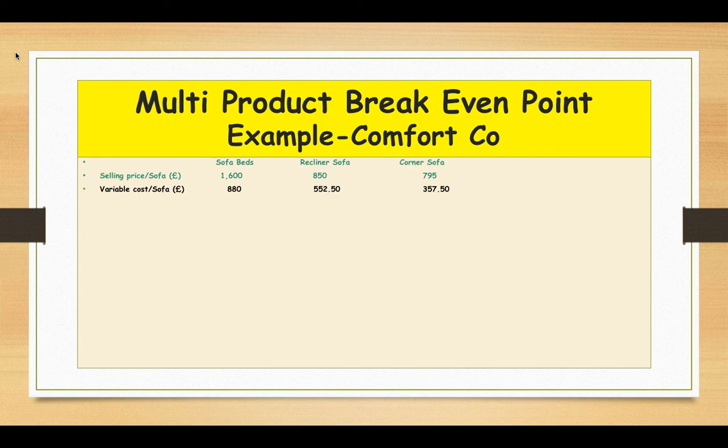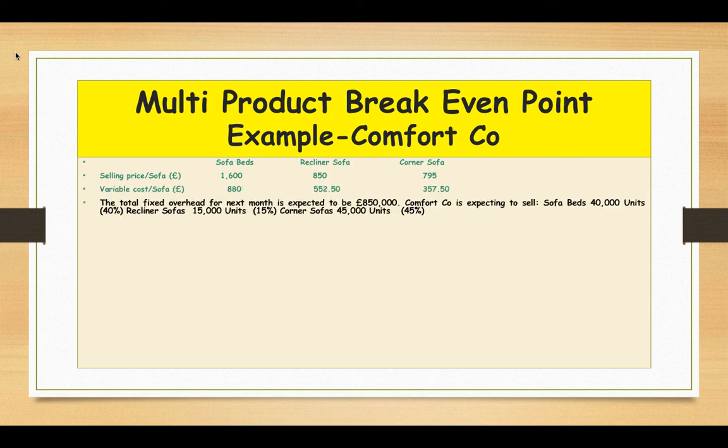And also the variable cost per sofa is given, which is £880 for sofa beds, £552.5 for recliner sofas, and £357.5 for corner sofas. And also the fixed overhead is given, and the number of units of each sofa also given.